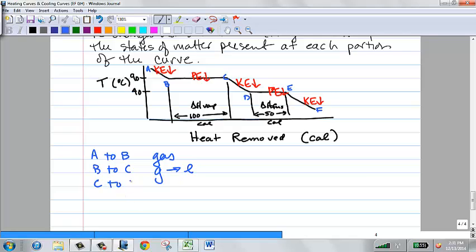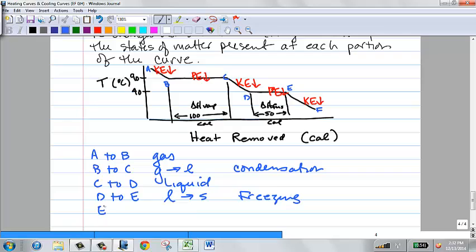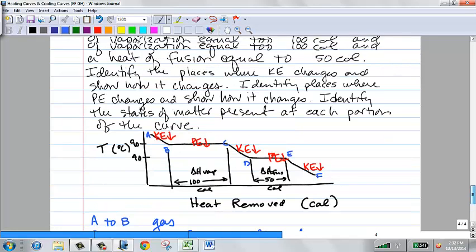From C to D, I have a liquid. And from D to E, I have a liquid changing to solid, so I have freezing. And from E to F, I just have solid. All of the liquid is gone already. That's it. Very good.